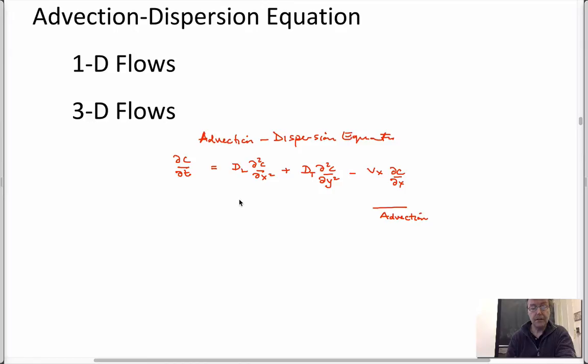These are longitudinal and transverse. Let's see, both of them are dispersions. And this, I guess we said, is this other term. This is a minus. Advection, transverse, longitudinal, dispersion. If my handwriting is poor, which it almost certainly is, and accumulation.